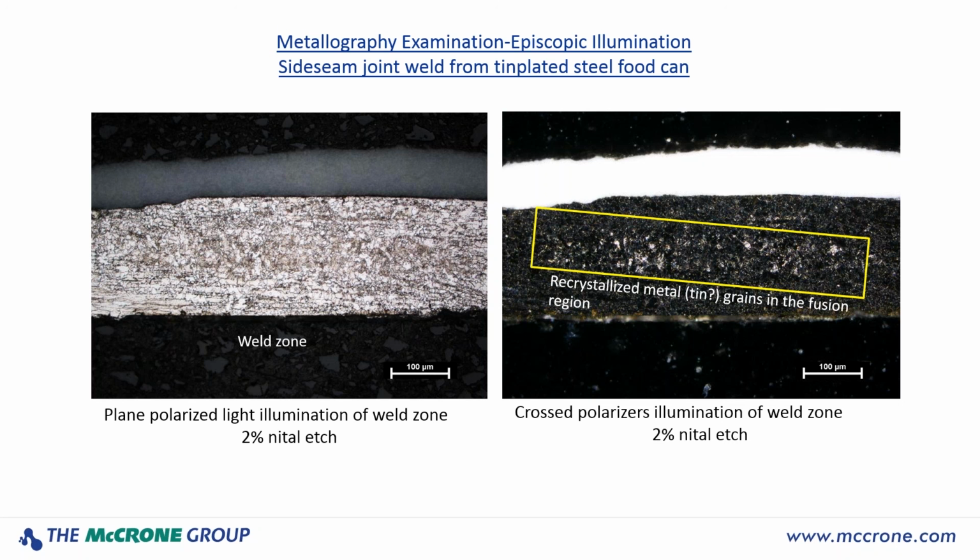And I suspect that the recrystallized material that we're seeing in there from the birefringence of the cross polarizers is probably from the tin that melted during the welding process and diffused into that fusion zone from both of those plates as they were welded together. And tin, again, is an anisotropic metal. The iron, base steel, is not. So that's what I think that is. It's probably recrystallized tin grains in that fusion region.